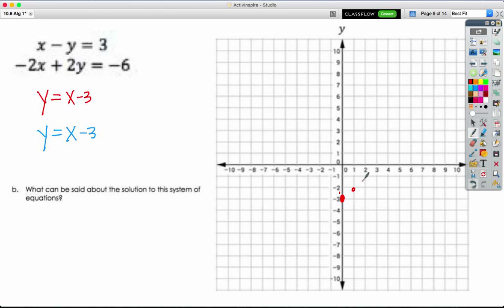So it's going to go up 1, right 1 every time, or down 1, left 1. So we have our first equation. When we go to graph the next one, it's the same exact thing. I'm going to start at -3, go up 1 over 1 every time, or down 1, back 1, and it ends up being the same line on top of itself. So for this particular system, there are infinite solutions.